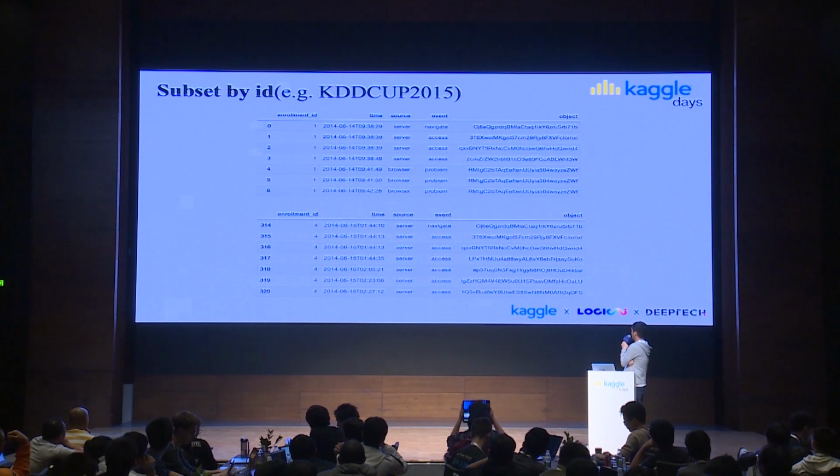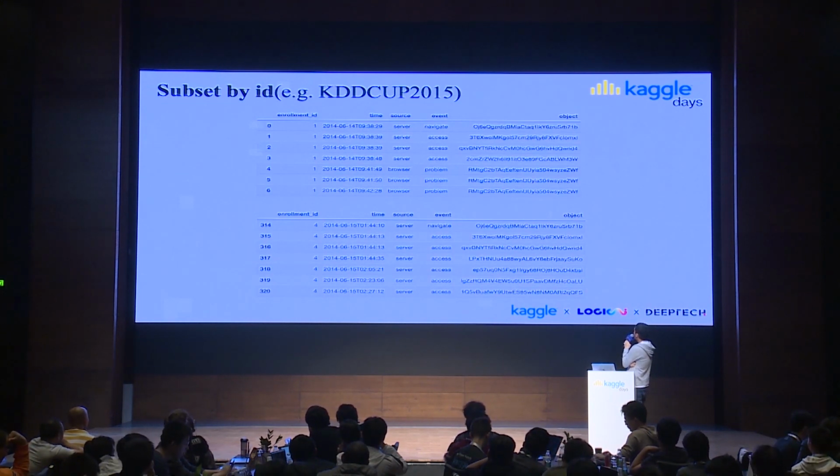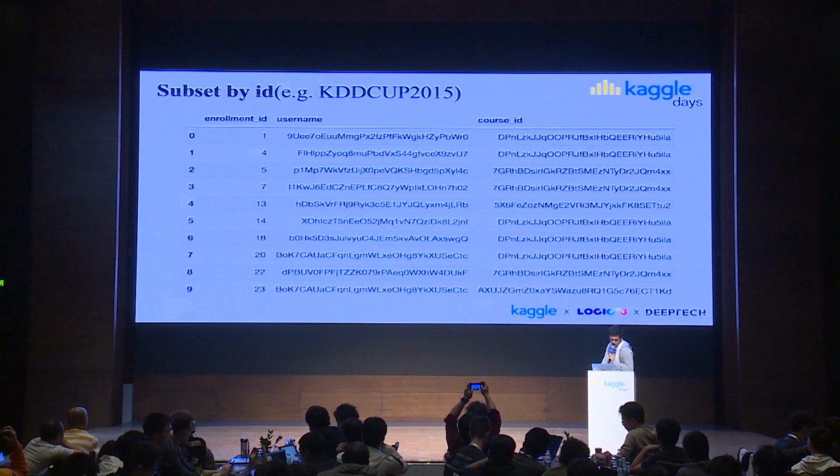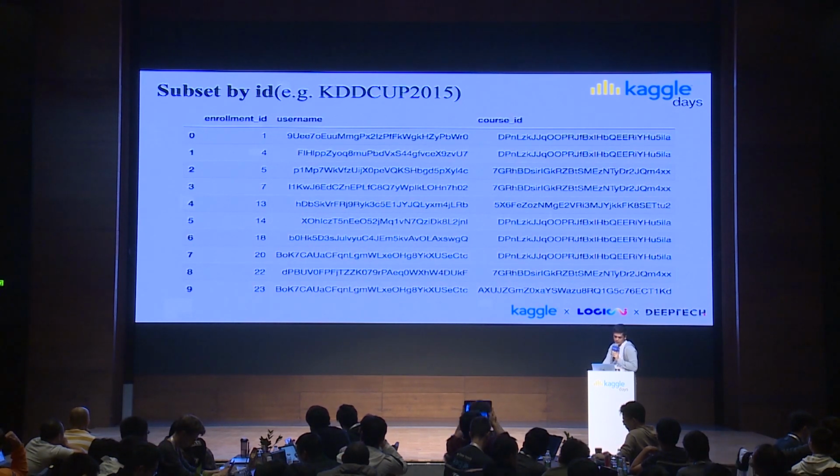And we have these users' behaviors. As I showed before, enrollment ID 1 and 4 have the same course ID, so I just wanted to compare those.